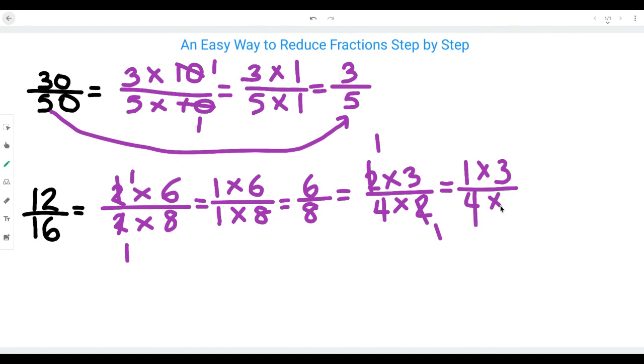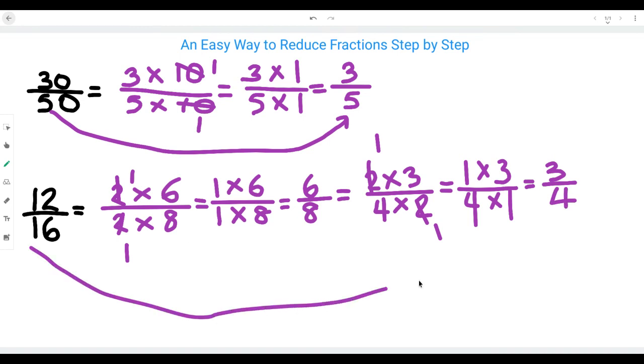So 1 times 3 is 3. 4 times 1 is 4. So when we reduce 12 over 16, we're going to get 3/4.